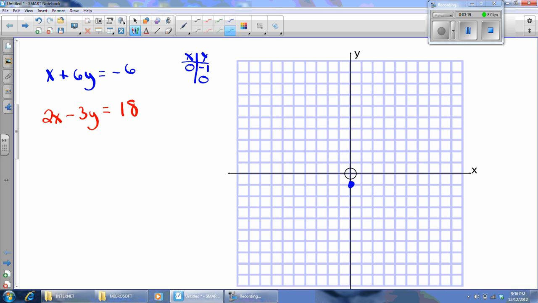If I put 0 in for y, I get -6. 1, 2, 3, 4, 5, 6, which makes my slope down 1, right 6. So I go down 1, 2, 3, 4, 5, 6. So there is my slope. Let me see, maybe my line is hiding here. There's my line. I knew I had one around here somewhere. And I'll draw that. And let's make them a little bit longer.